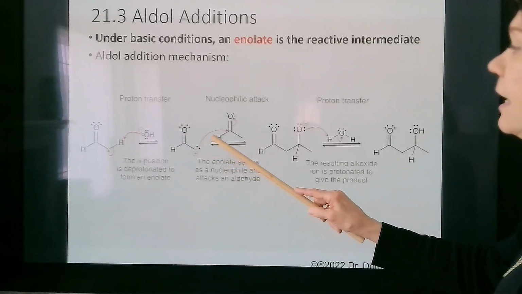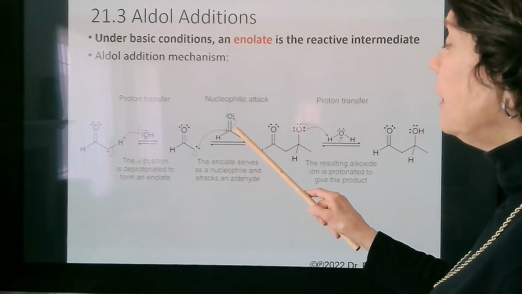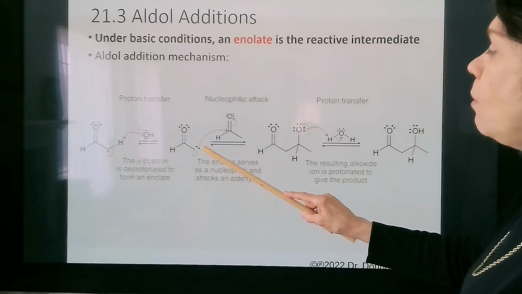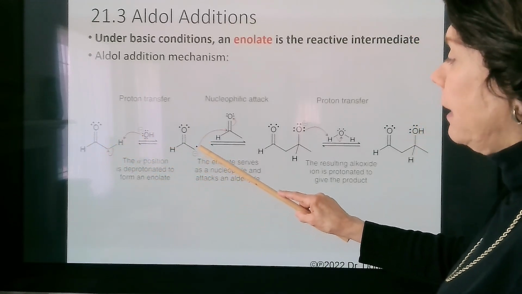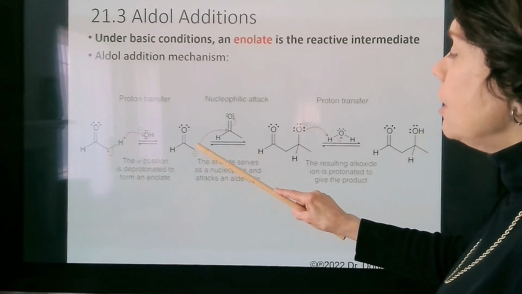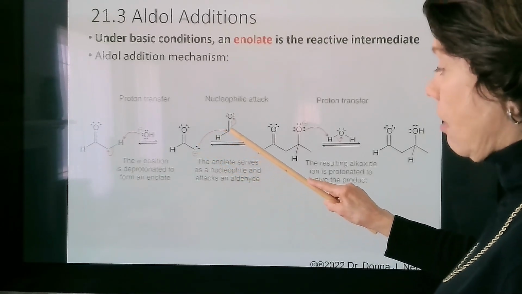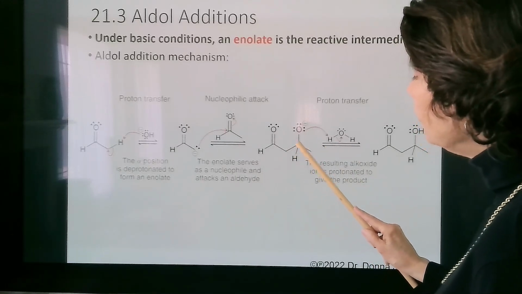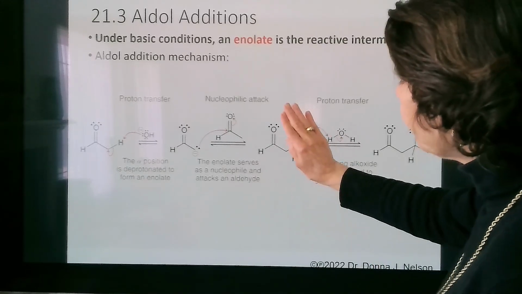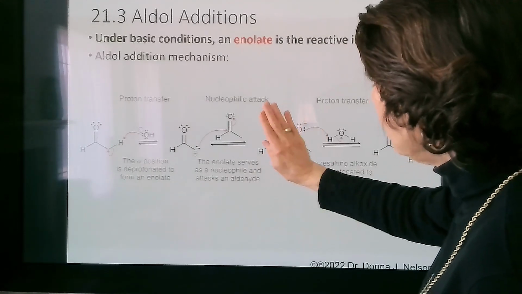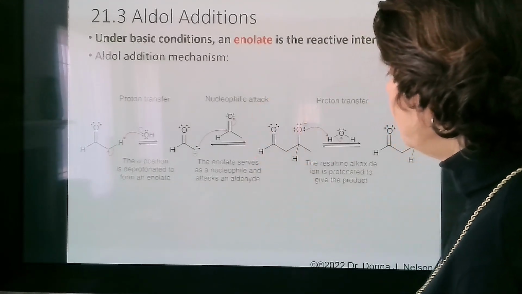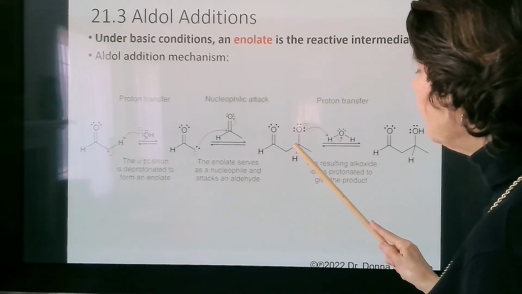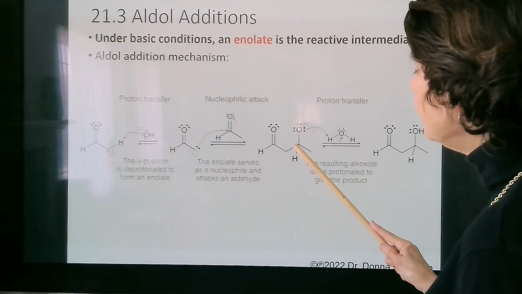Then this enolate does a nucleophilic attack on another molecule of itself. So you have the carbon at the alpha position, the alpha carbon, doing an attack at the carbonyl carbon. So the new bond is right here. So once again, you can see 1 aldehyde molecule, and there's the second aldehyde molecule. So the new bond connecting the 2 carbon skeletons of the 2 aldehydes is right here.